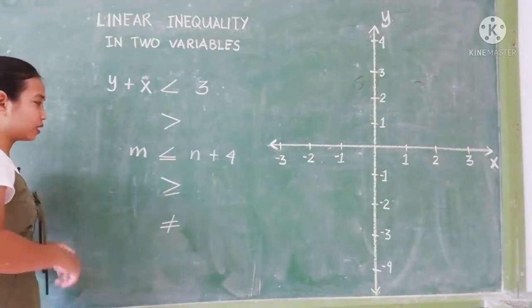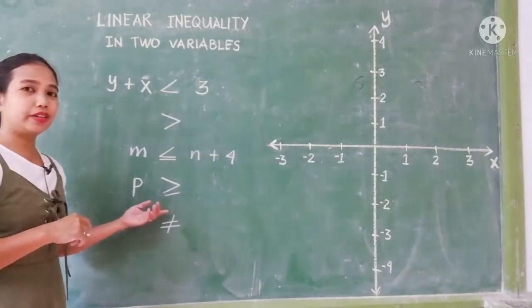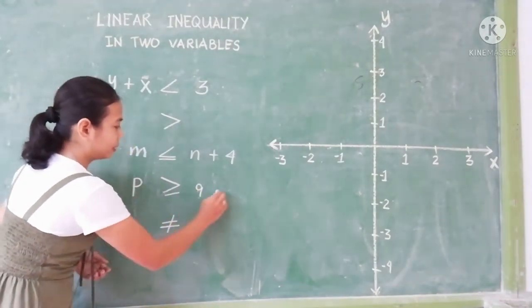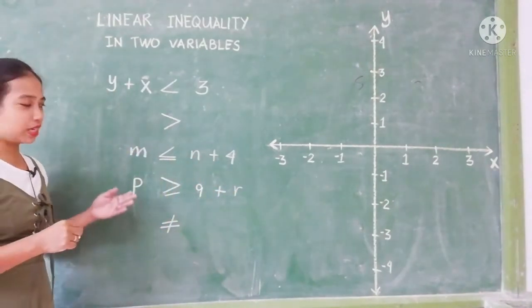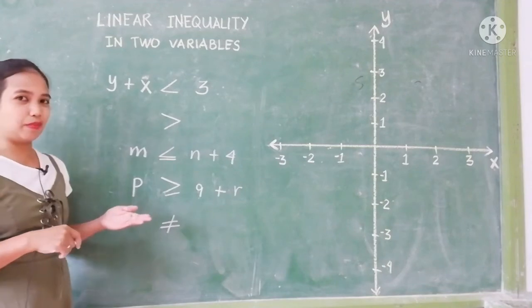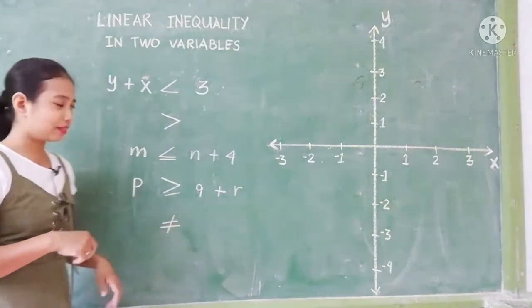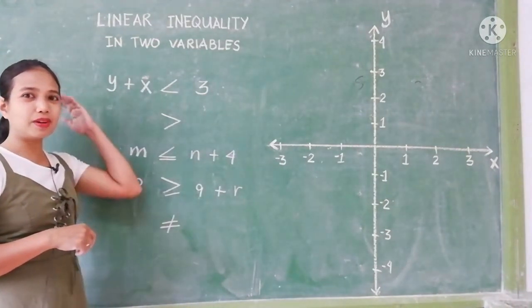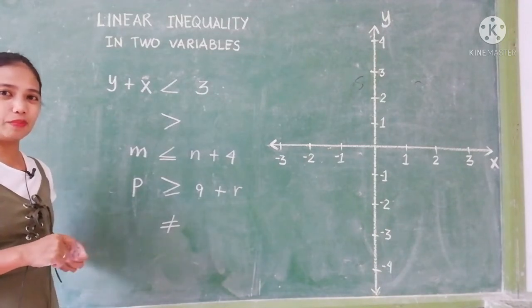Another one is p is greater than or equal 9 plus r. So, in this example, we have two variables which are p and r. At ang highest exponent ay 1. So, ito ay ang mga halimbawa ng linear inequality in two variables.